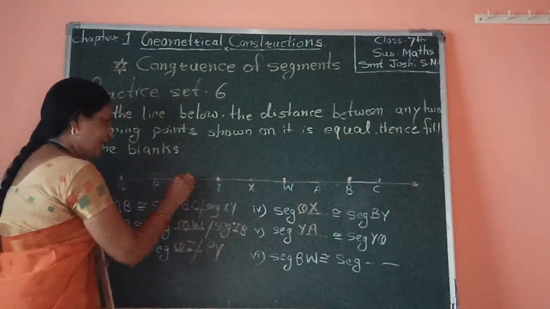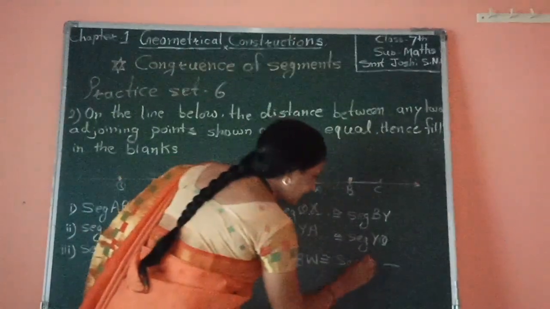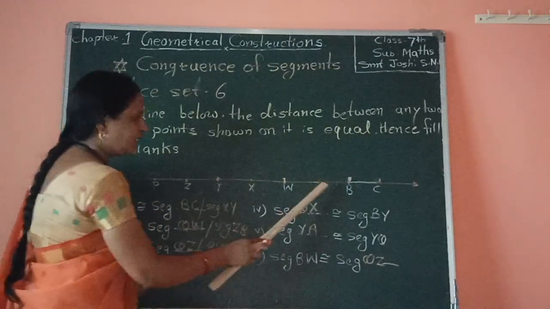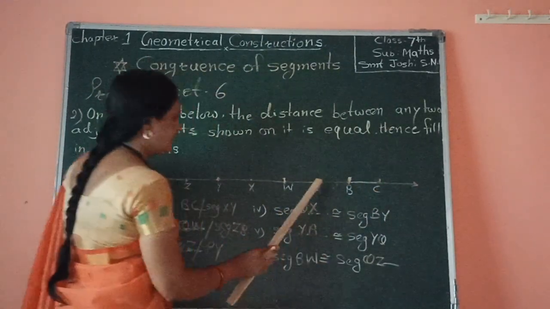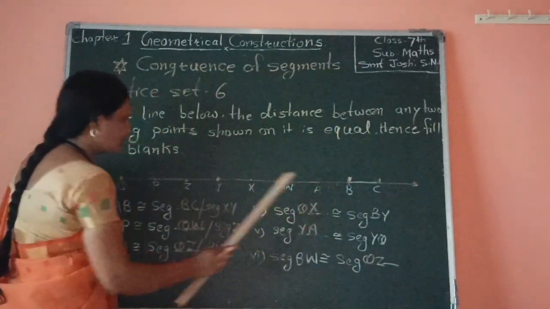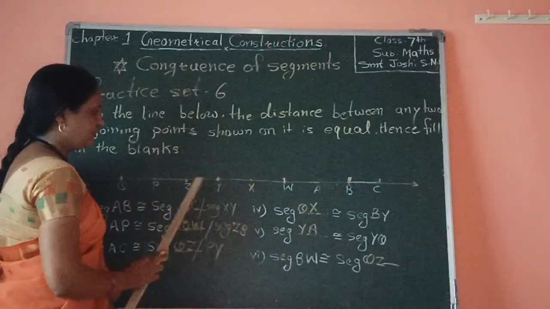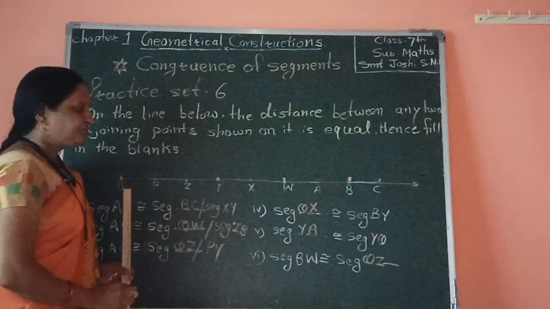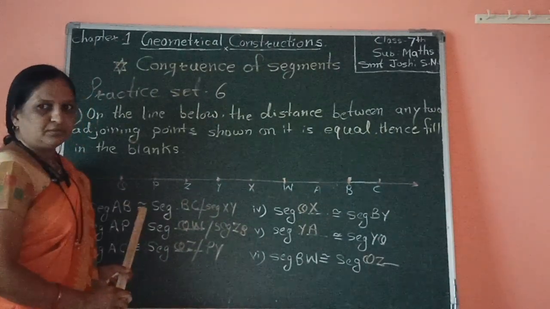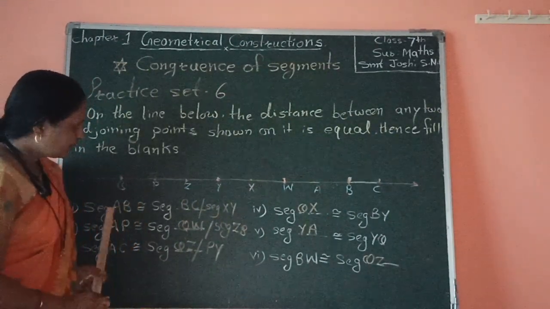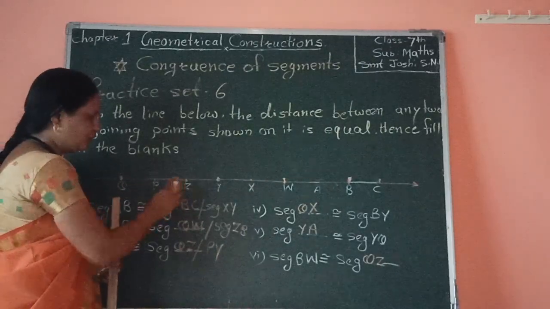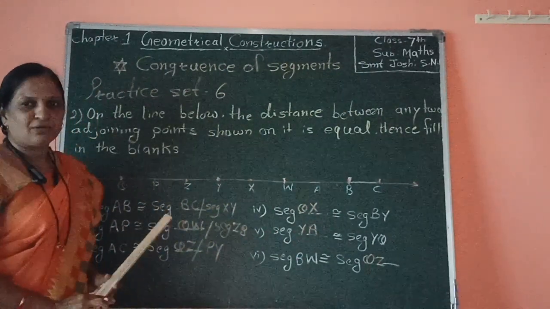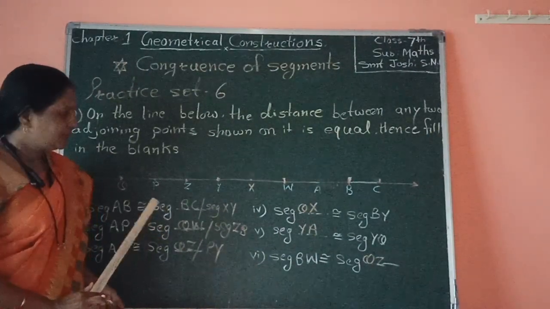Alright, seg QZ, or seg AC also, seg XA also, and seg XZ also. Any of the answers. Lengths of 2 line segments are equal. They are called congruent segments.